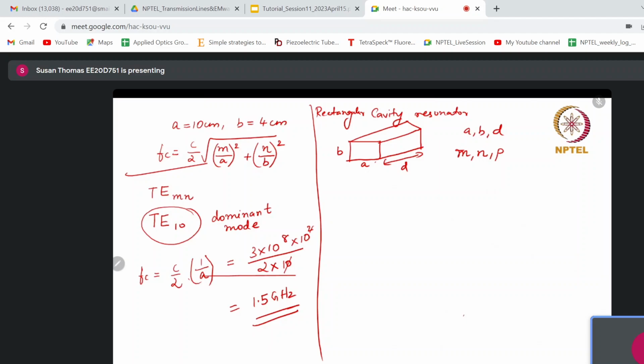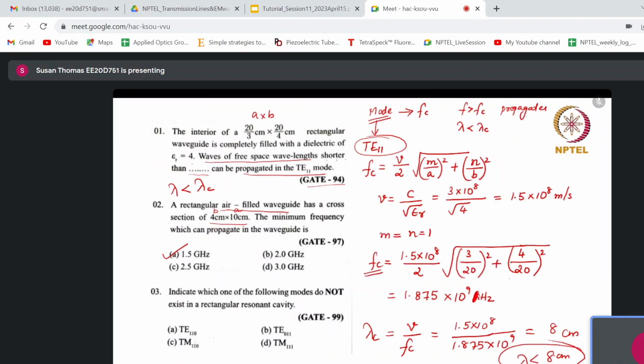Now there are two options. It could be a TE mode or it could be a TM mode. Which one among these in the options does not exist? That is the question.